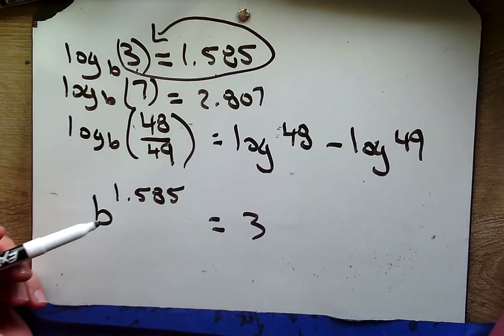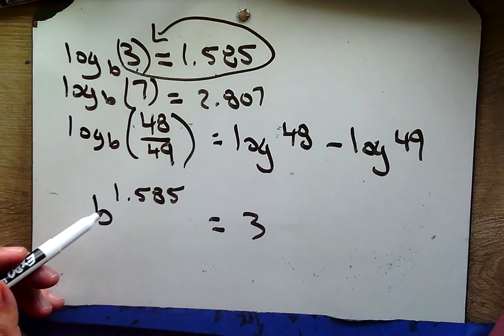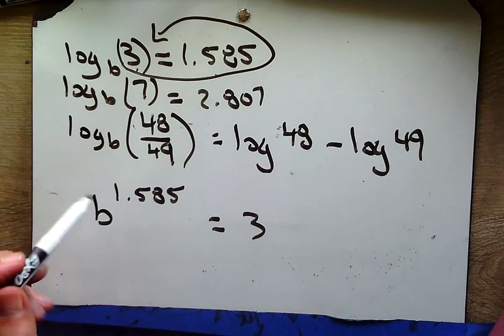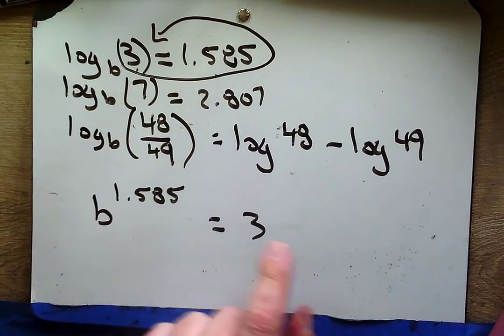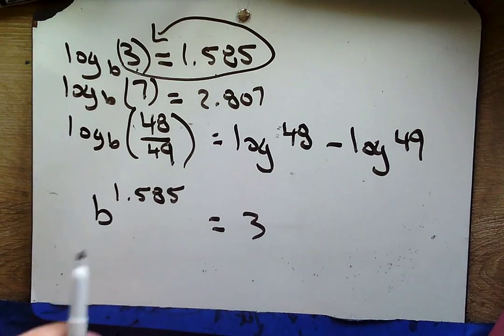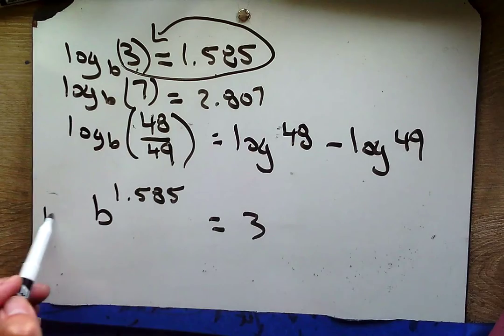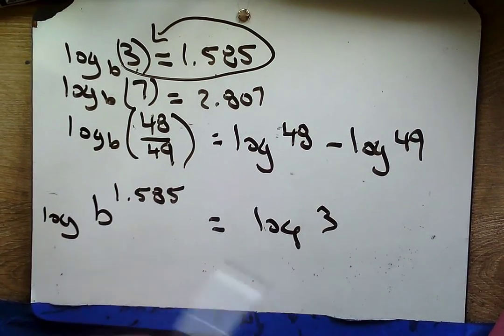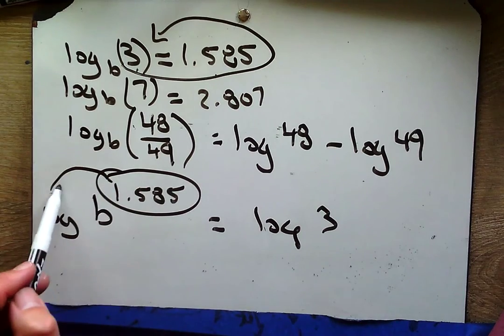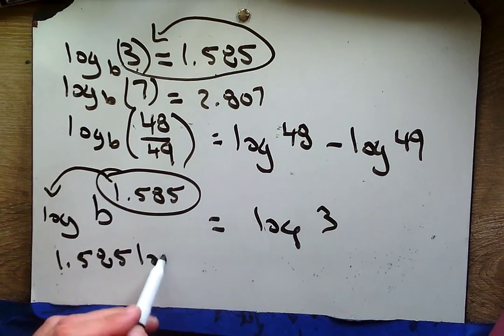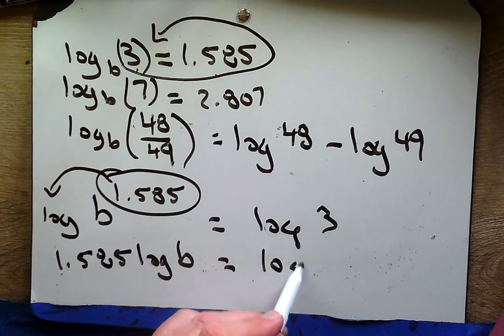So how do I solve this for b, you say? Well, some students graph this in y1, graph this in y2, and do second calculate intersect. Other students do this. They take the log of both sides, because then in the presence of a log, they can bring down the power. 1.585 log b equals log 3.